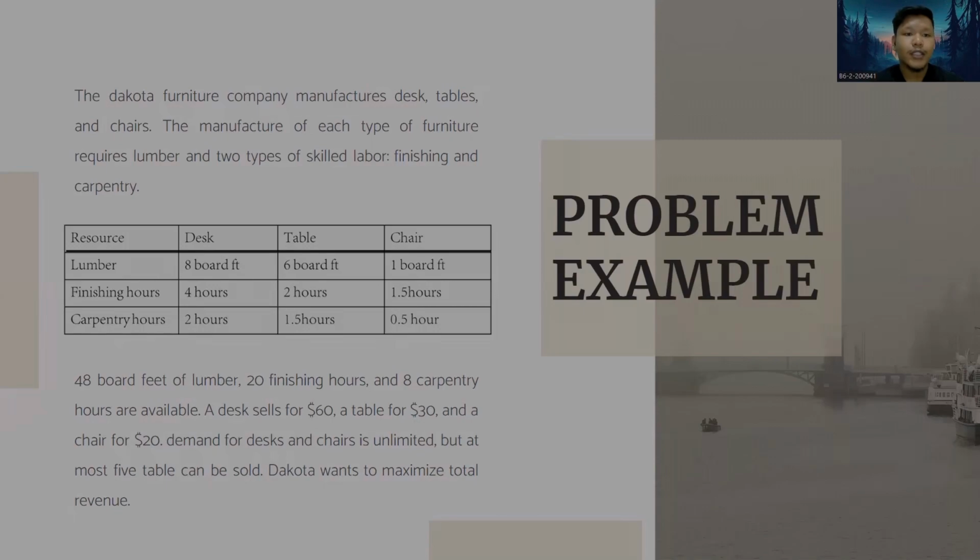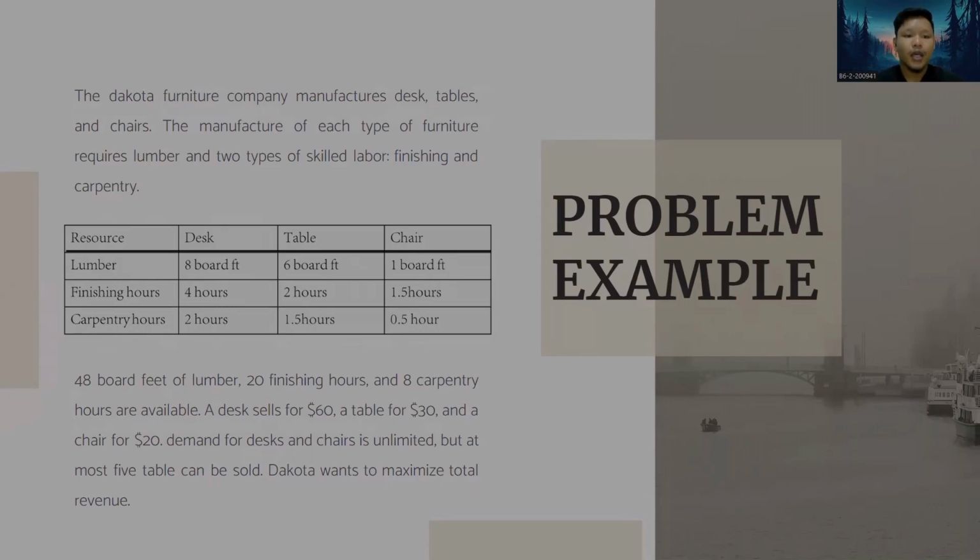There is a furniture company, Dakota. The company manufactures three types of product, which are desks, tables, and chairs. The requirements are lumber and two types of skilled labor, which are finishing and carpentry.